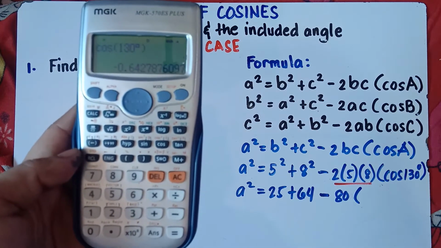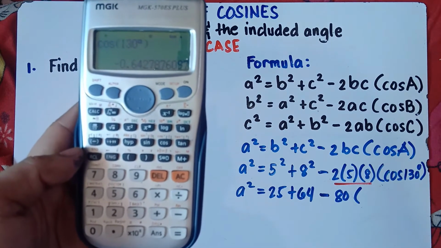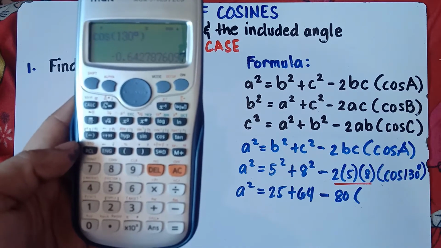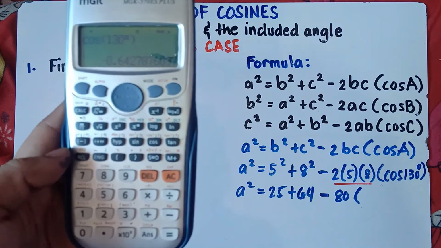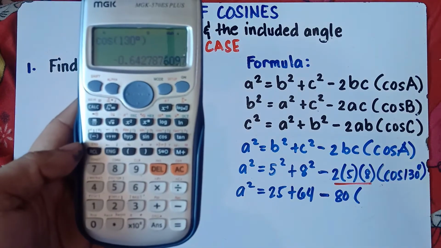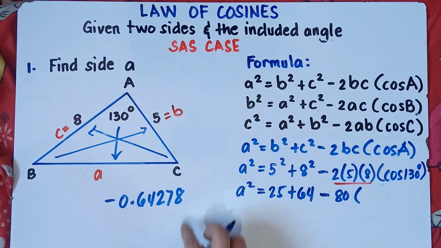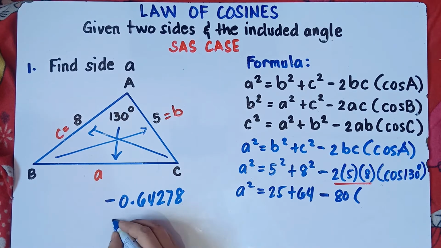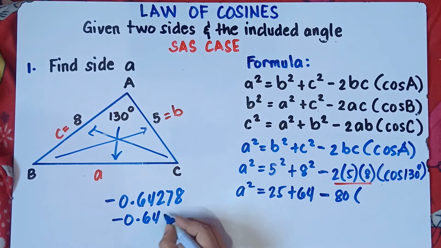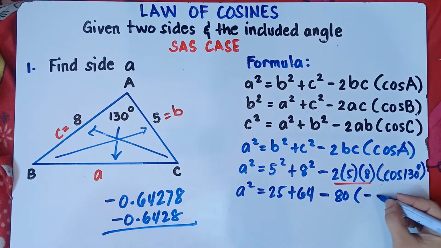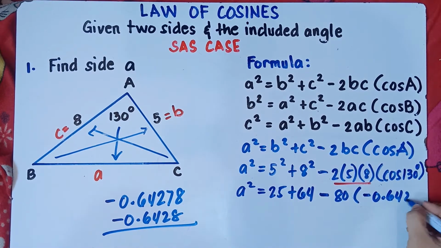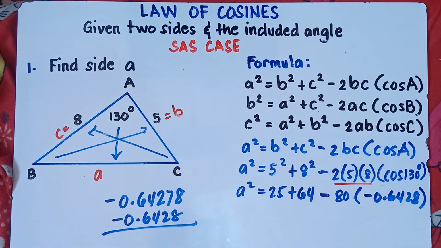But since this is not yet our final answer, we need 4 decimal places so that it will be near the exact value of the final answer. So negative 0.64278, we need to round up. After 7, that's 8. So this will be negative 0.6428. Cosine 130 degrees is negative 0.6428.